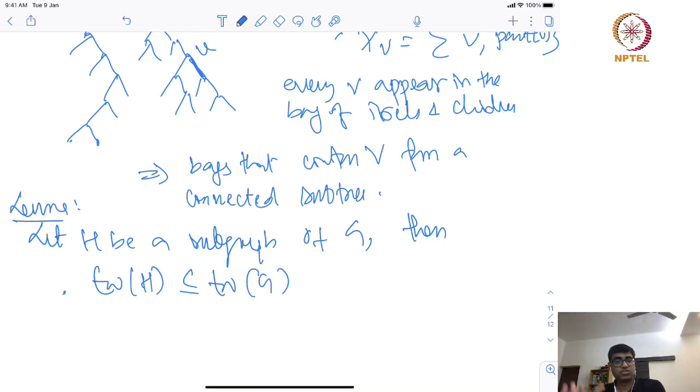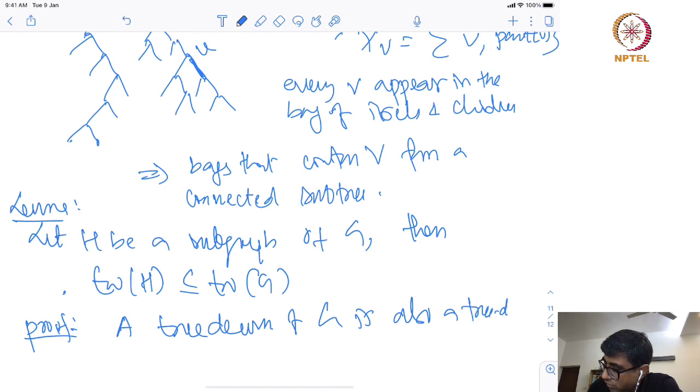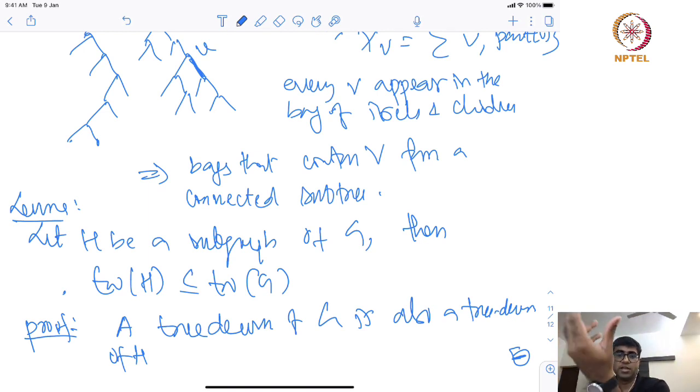You take the tree decomposition of G, and a tree decomposition of G is also a tree decomposition of H, and you are done. Because every vertex appears already in G, every edge appears already in G, and if a vertex is connected, then it is still connected. So this is perfectly fine. Tree width is a property which is closed under taking subgraphs.